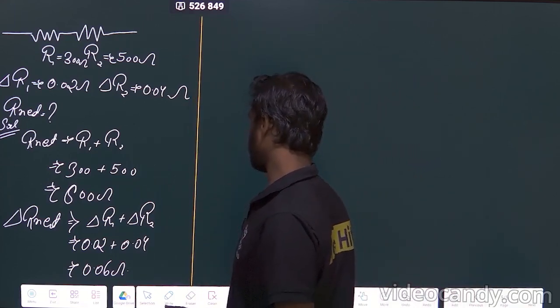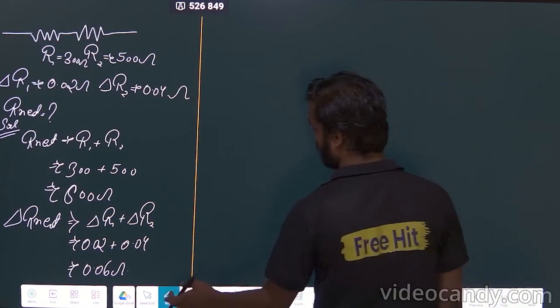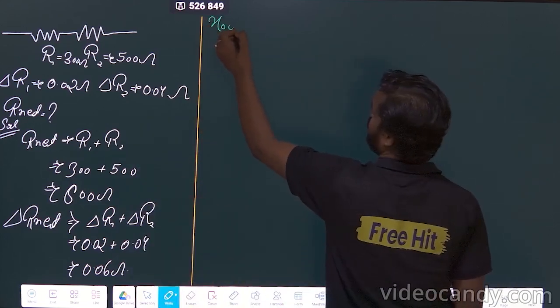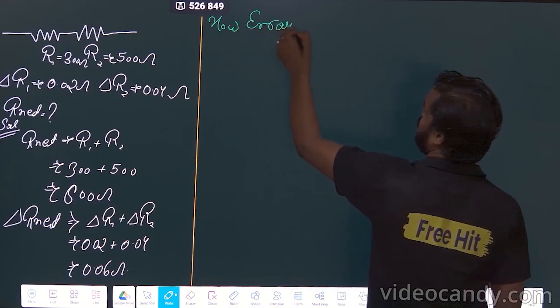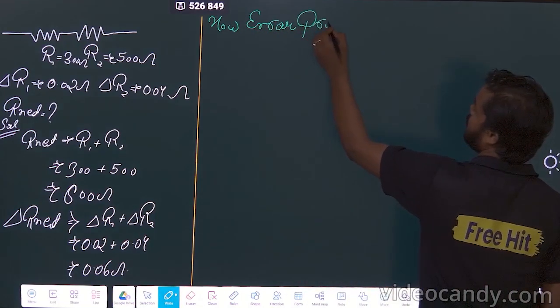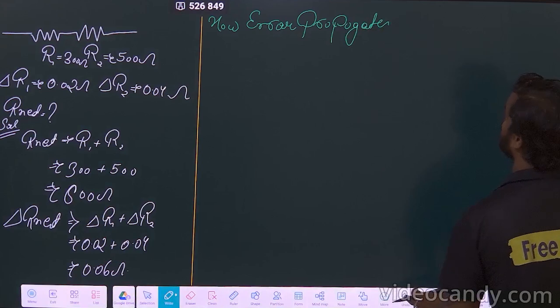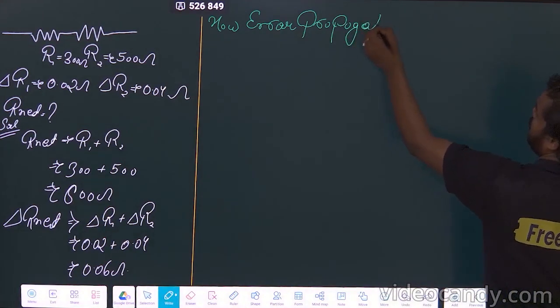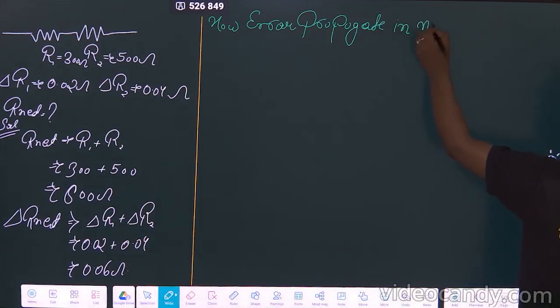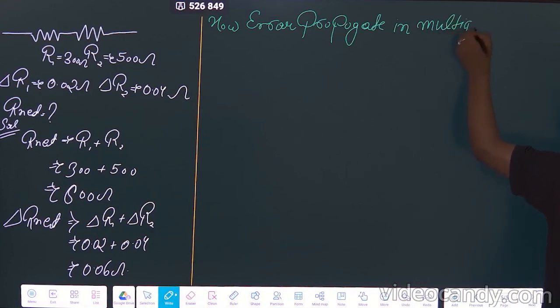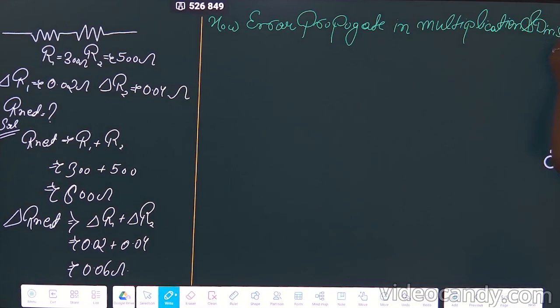Now let us see how error is going to propagate in multiplication and division.